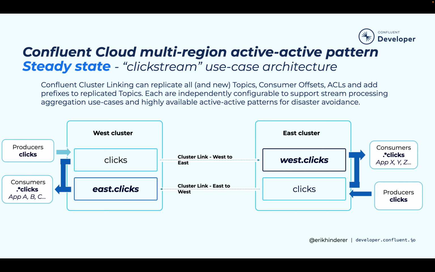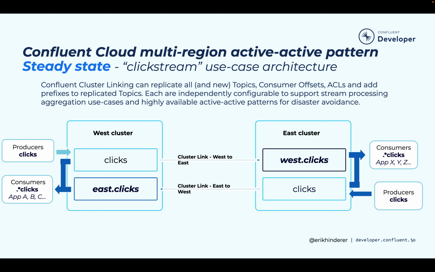In the diagram below, what you're looking at is a representation of this active-active pattern. In this, we have a cluster deployed in a West cloud provider region and a cluster deployed in an East cloud provider region. In each of these clusters, we see that there's a producer producing to a clickstream topic.